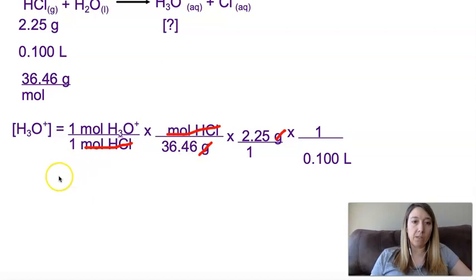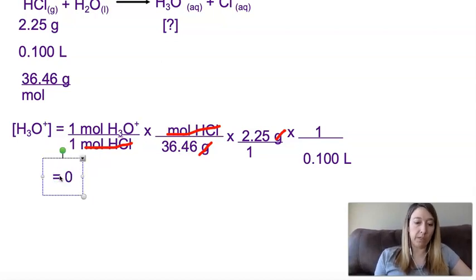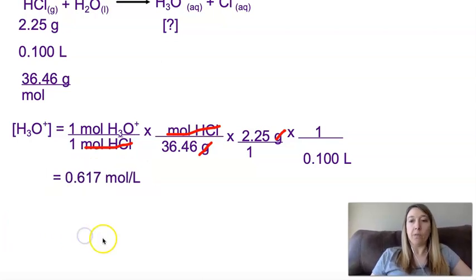We go ahead and get our answer, and it is equal to 0.617 moles per liter.